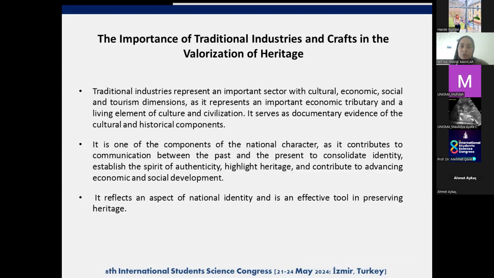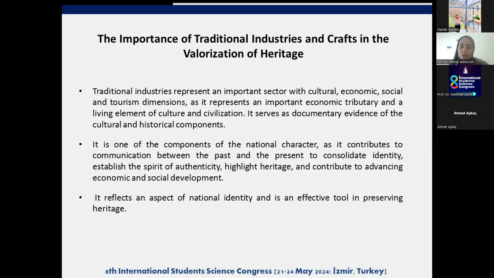The importance of traditional industry and crafts in Algeria in the valorization of heritage. The traditional industry represents an important sector with cultural, economic, social, and tourism dimensions, as it represents an important economic tributary and a living element of culture and civilization. It serves as documentary evidence of the cultural and historical components.